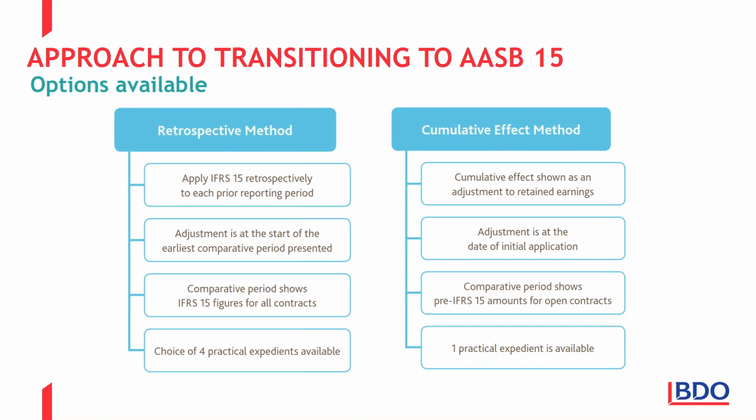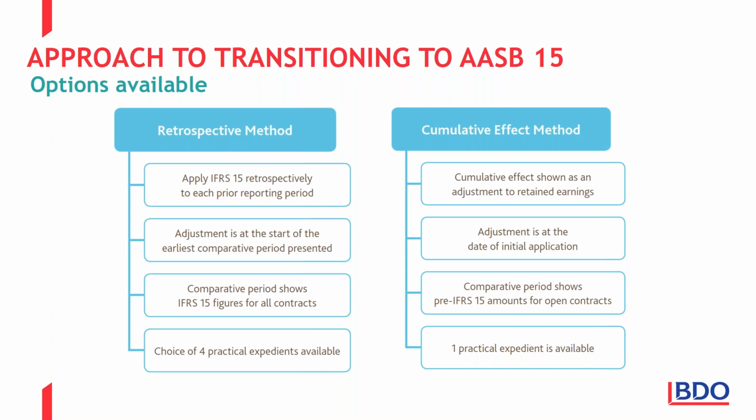We can only apply it to new agreements that we enter into after the 1st of July 2019, if that is your date of initial application for a 30 June year end. And that is incorrect. These two options for transitioning are disclosure options only.